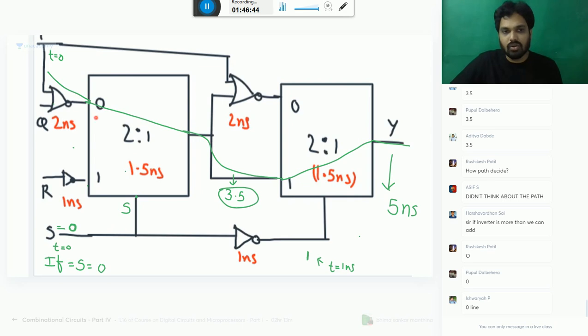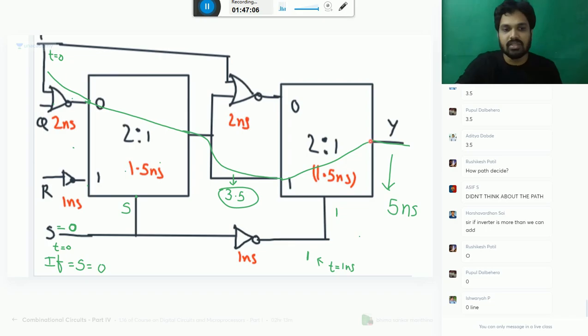Is it okay? 0. Okay, then at 0, you have one NOR gate which requires 2 nanoseconds plus 1.5. 3.5 will be ready, but already you are waiting from 1 nanosecond. Okay, 3.5 plus 1.5. So how is the path decided? Based on selection input. Selection input is 0 here, 1 here. That's why I selected this and this.